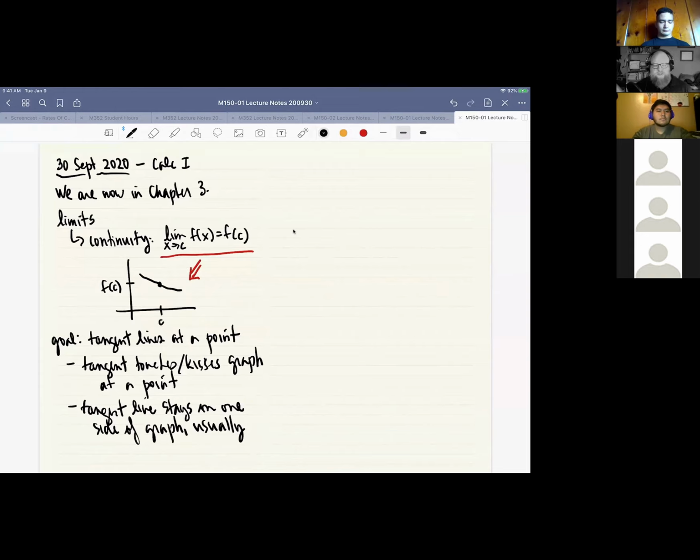That's a good point too, is when you're sketching a tangent line, it's good to remember that it's usually staying on one side. And then I said, except at what I called an inflection point, which we'll talk about later, so you can recognize them. But there are these points where they actually cross. They kiss and they cross at the same time. What's something else that we mentioned last time?